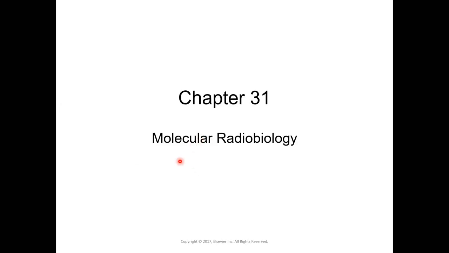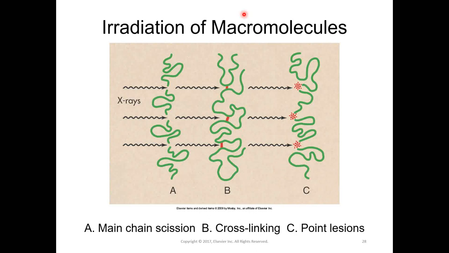Chapter 31, molecular radiobiology. So now we're just going to keep building on what we've learned in 29 and 30. Once we've irradiated our DNA, which is our macromolecules, that's your direct hit, your target molecule, we're going to undergo some processes. This is just a graphic of what those processes are.